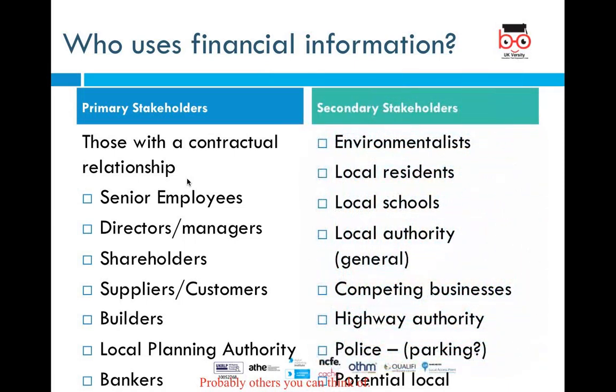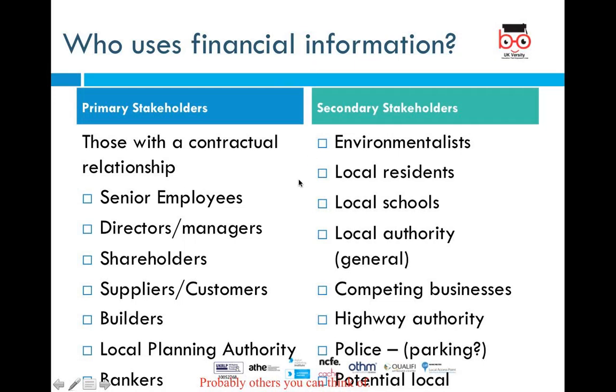And then there are secondary stakeholders. They also need financial information. For example, environmentalists, local residents, local schools, local authority, councils, competing businesses, highway authority, police. These organizations have a non-contractual relationship with the business, but they have some kind of interest in the business.